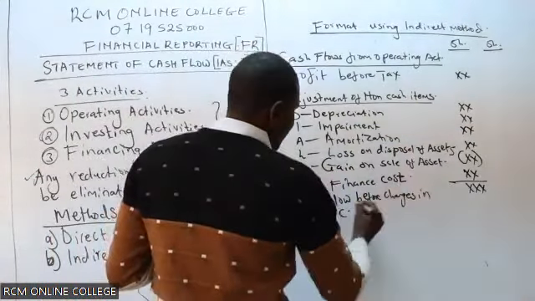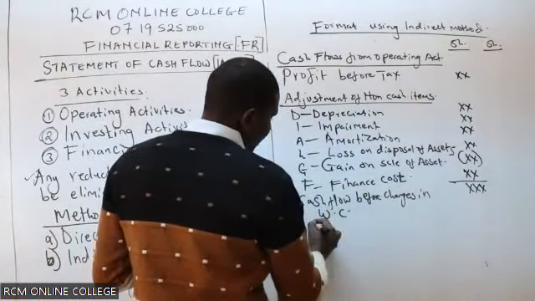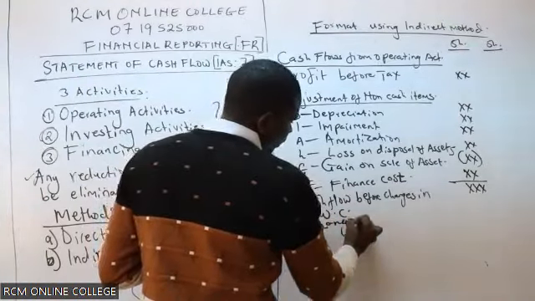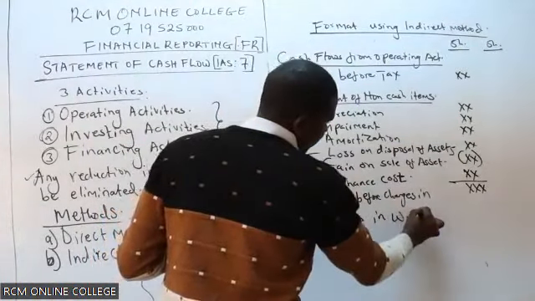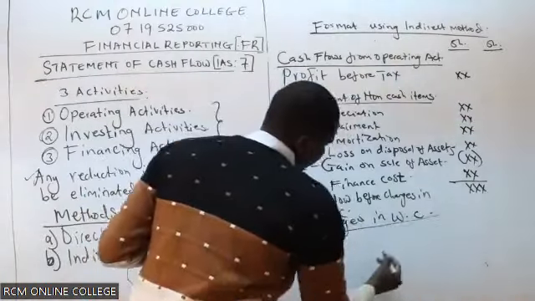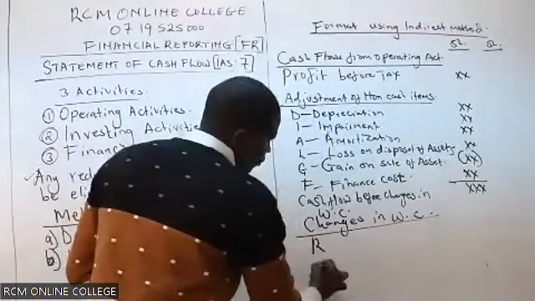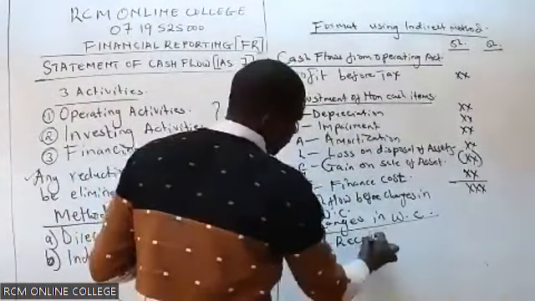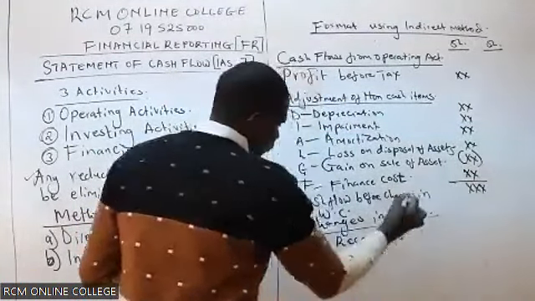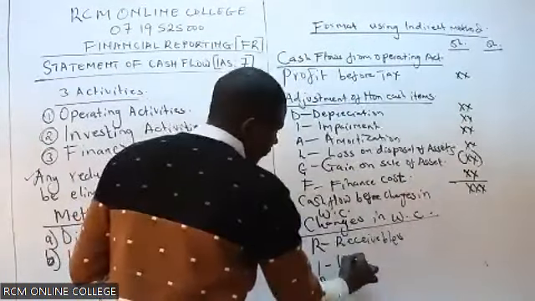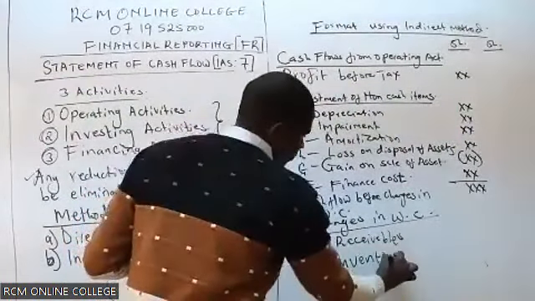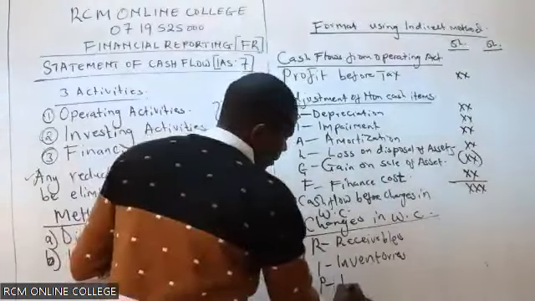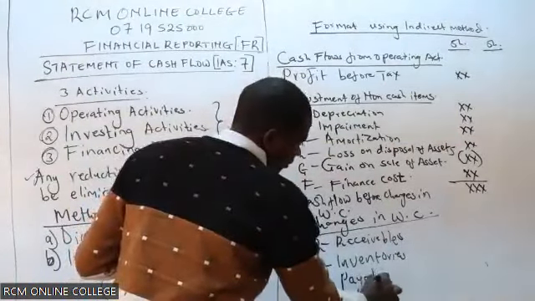So in this case, we are going to look at changes in working capital. To identify the changes, we can use the acronym LEAP. Receivables, we have inventory, and we have payables, as you have given me, payables.